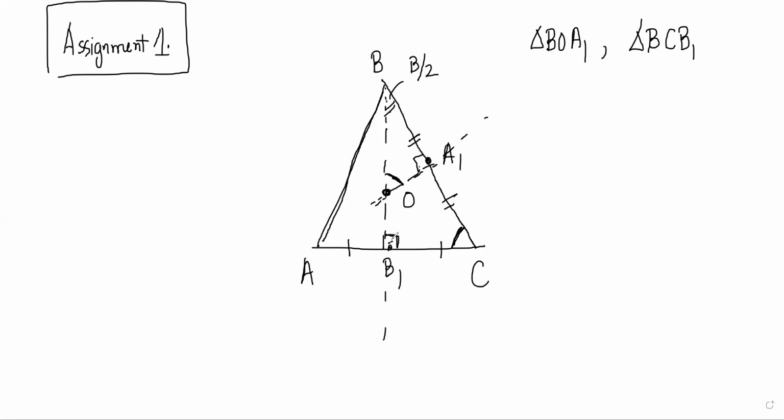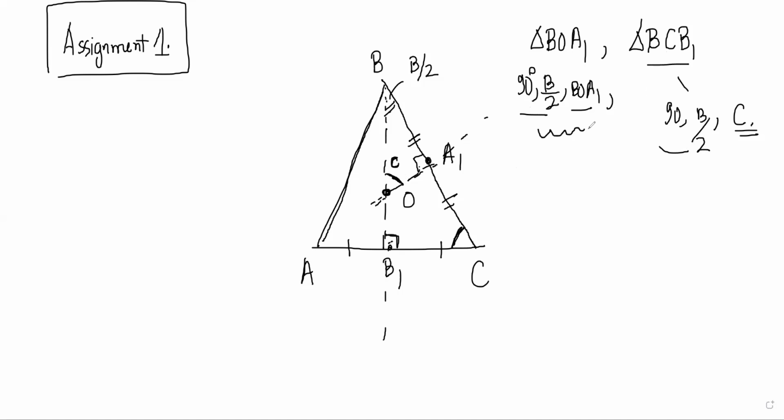Okay, so what are we getting then? Angles in this are 90, B by 2 and BOA1. And angles here are 90, B by 2 and C. So obviously two angles are matching. So C is equal to BOA1 also. And the triangles are coming as similar triangles now.